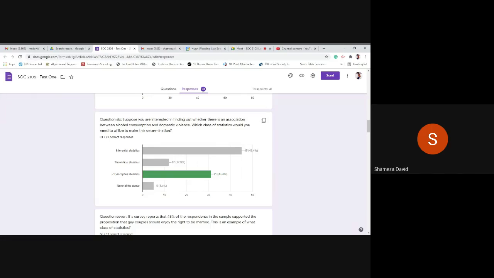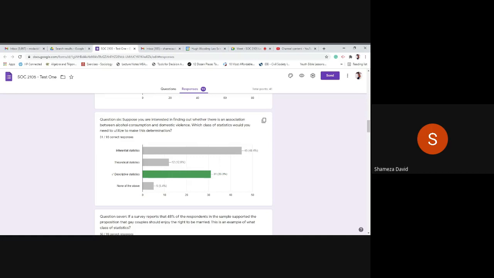So this one would have required some thought, because now you're talking about not just summarizing and organizing, but you're talking about association. And so you will use things like correlation. That will tell you whether there's an association.